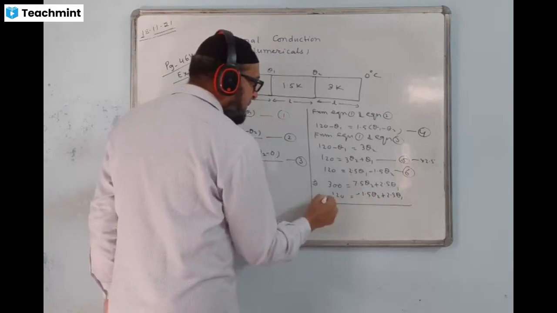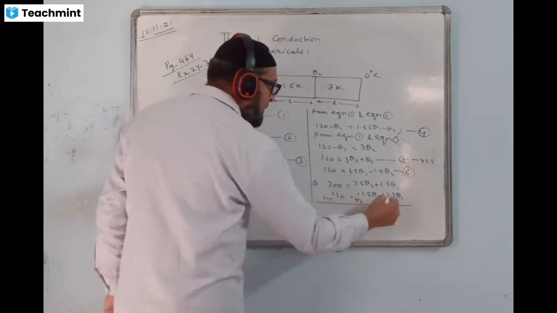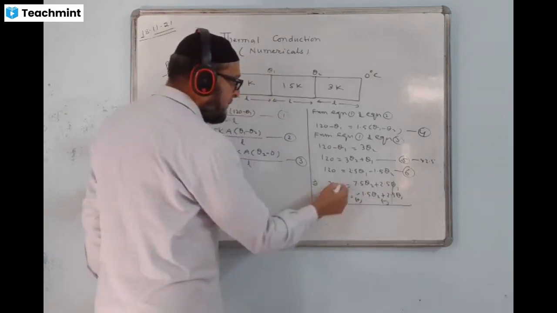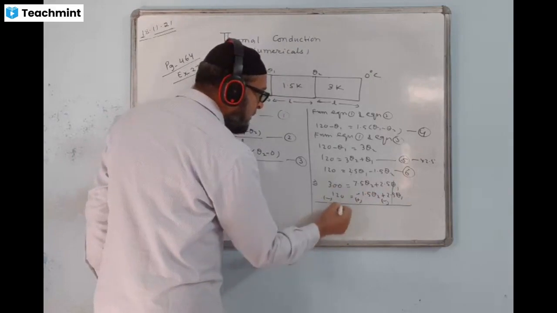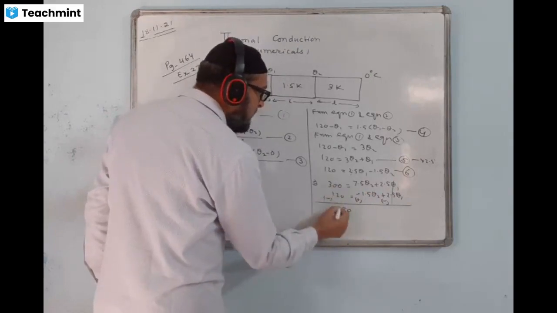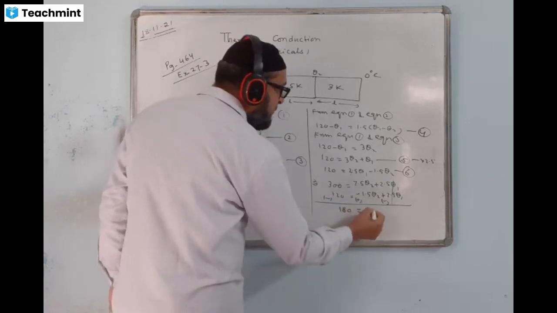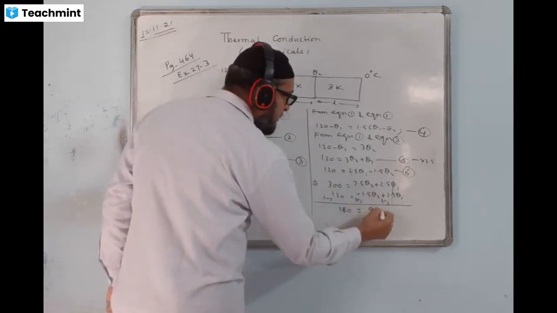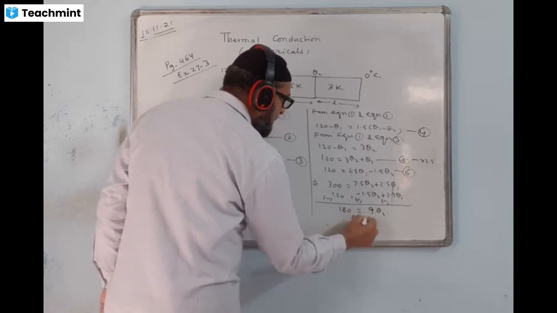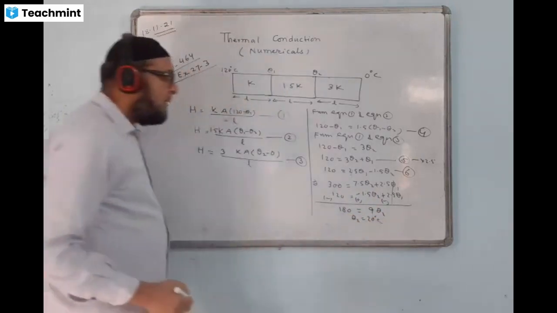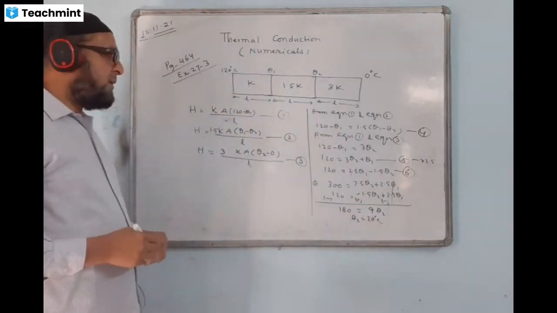I'll change the sign so that these two cancel. This minus this will come 180. Then you have to add there 7.5 plus 1. This will come 9 theta 2. Theta 2 value is coming 20 degrees Celsius.